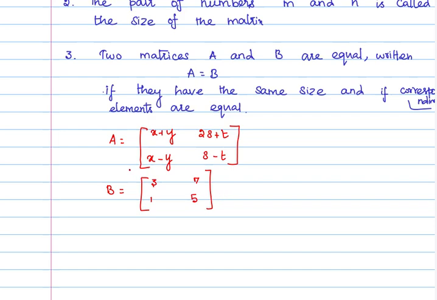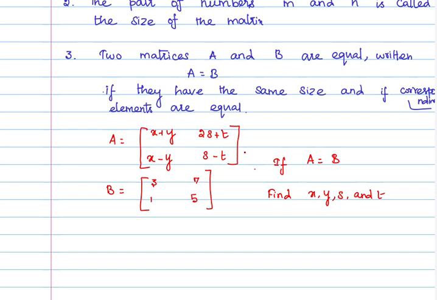Suppose A equals B; find x, y, s and t. How can I find them? Two matrices are equal means they have the same size.